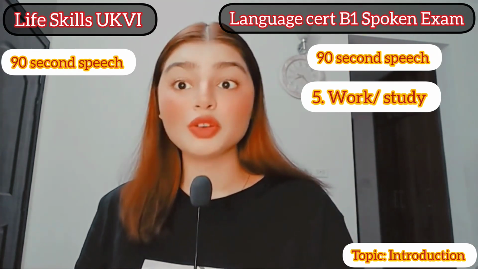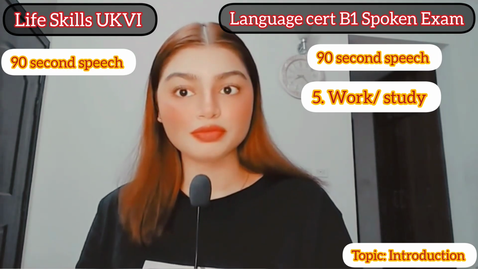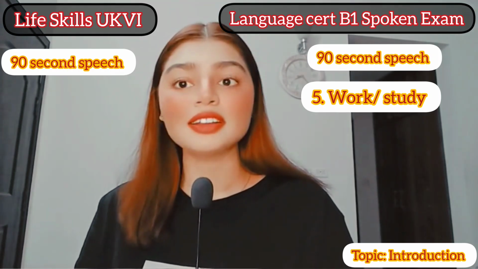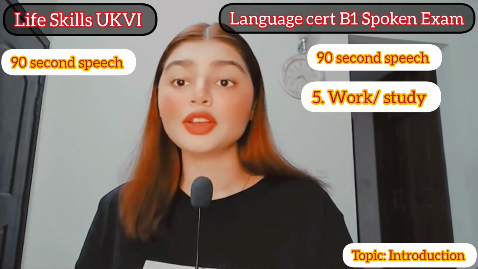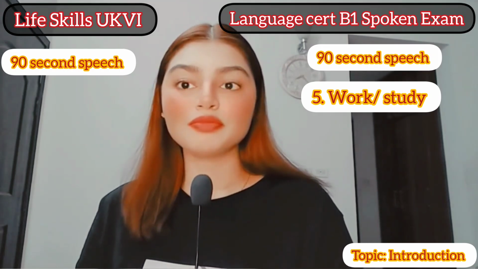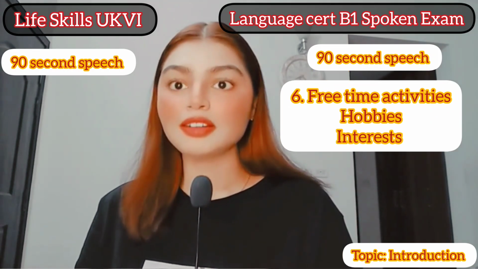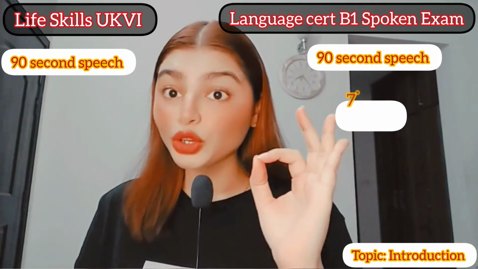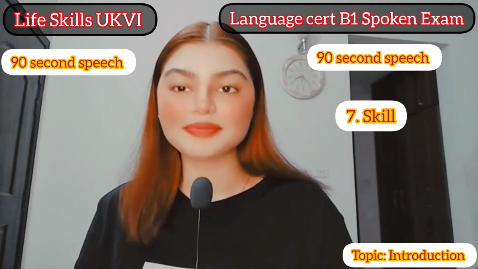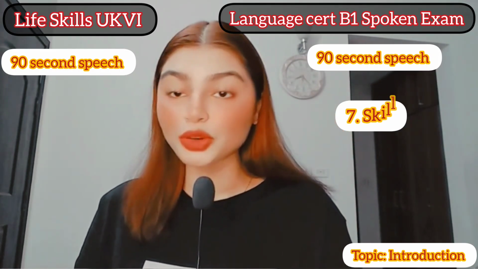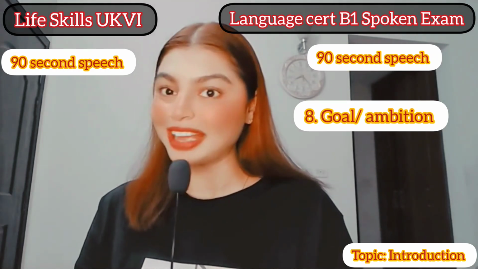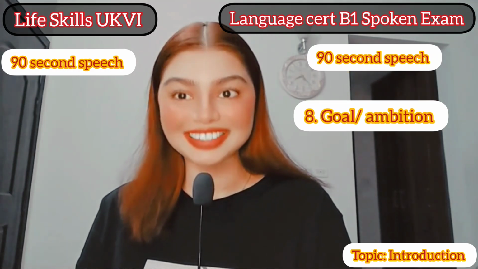You can mention what you do. Are you working? Are you a housewife? Or whatever you do. Then you can mention your free time activities. Mention what you are good at. What are your skills? Talk about your ambitions. And let's see if you can complete 90 seconds or not.